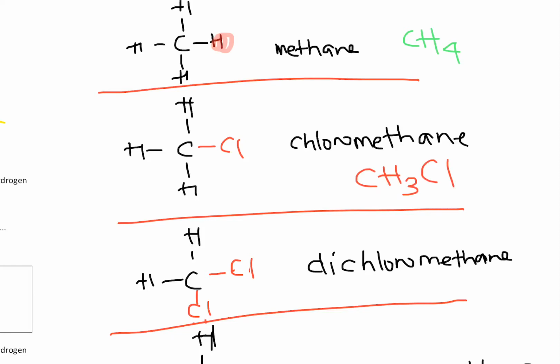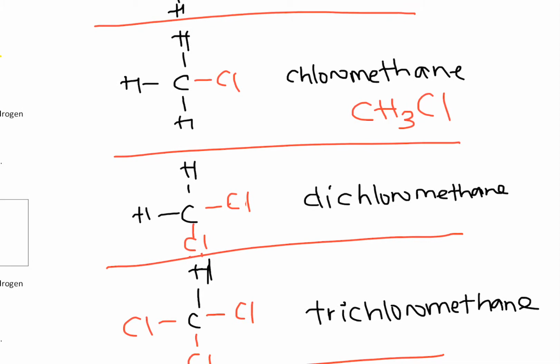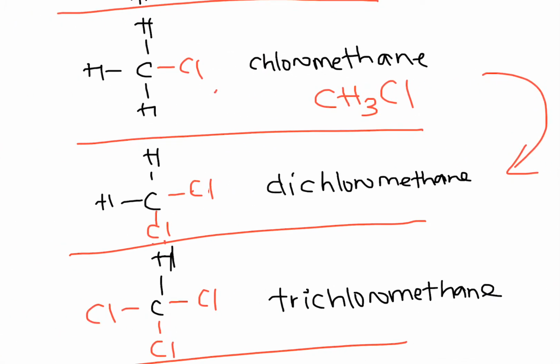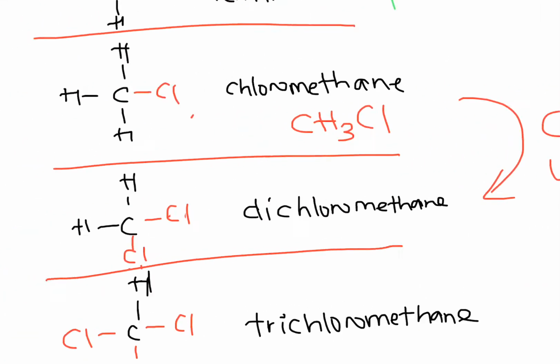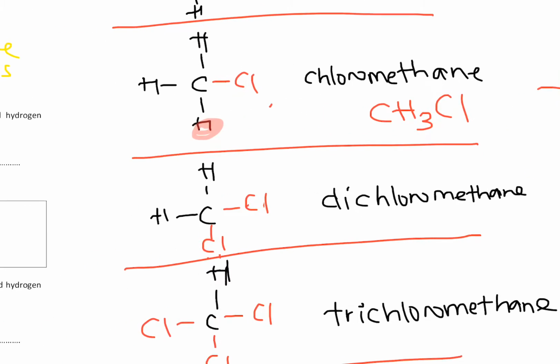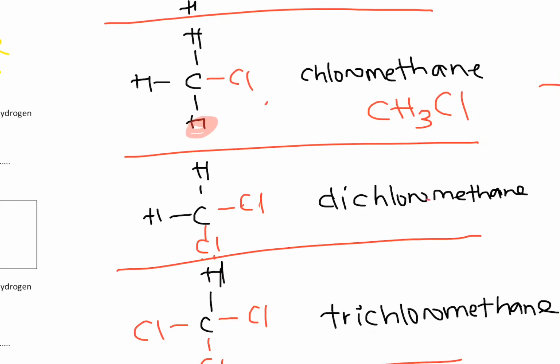In chloromethane, if this is going to react with more chlorine gas in the presence of UV light, this is going to give you dichloromethane, which means that the Cl is going to replace another hydrogen. So this hydrogen is gone here, and now you have a chlorine in its place. So now it's dichloromethane. It has substituted two hydrogen.